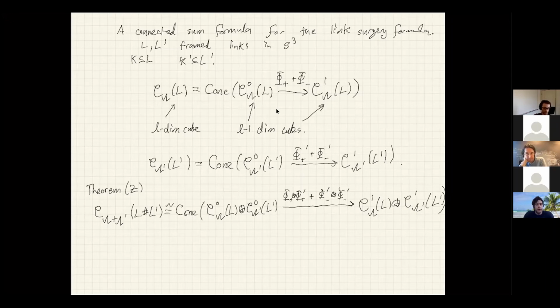Probably I won't talk too much about that, but you can interpret this as an A infinity pairing if you stare at it long enough. But that's not really necessary just to get to this isomorphism between lattice homology and Heegaard Floer homology.